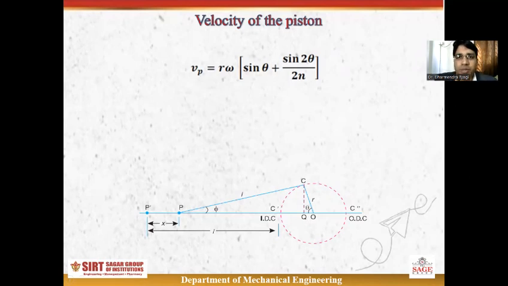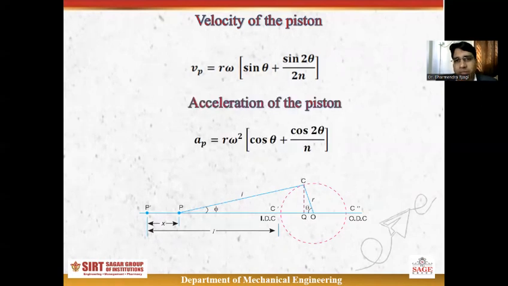In this video lecture, we have to derive an expression for the angular velocity and angular acceleration of the connecting rod. The velocity and acceleration of the piston were derived in the previous video, and the formulas are displayed on your screen.